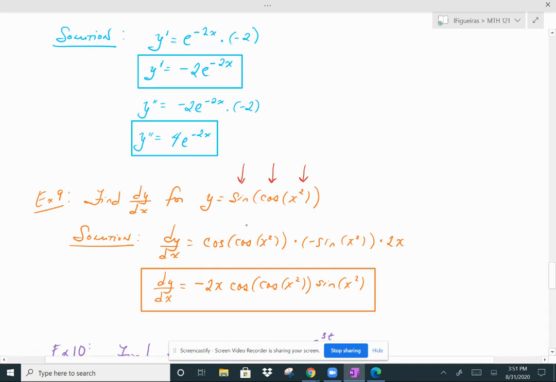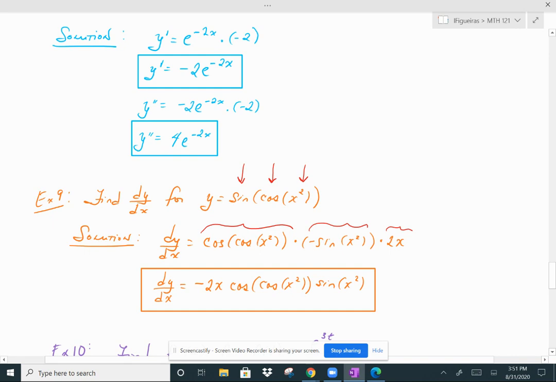So the derivative of sine is cosine of, and then the inner part stays the same as cosine of x squared, times the derivative of the middle function, which is cosine, and that is negative sine of x squared, and then times the derivative of the innermost function, which is 2x.